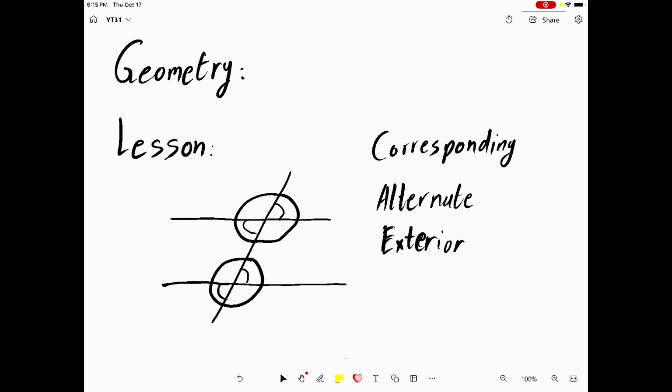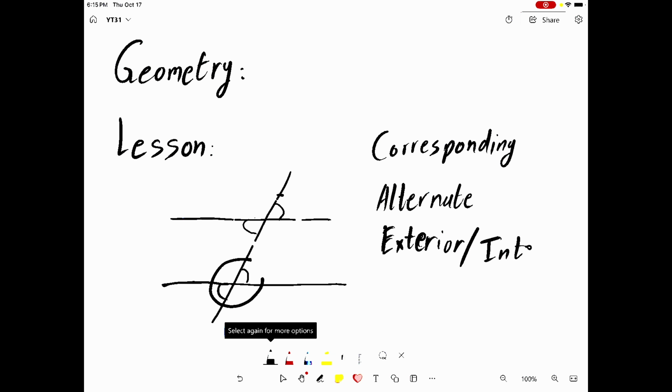Alright? Then, after that, alternate exterior / interior, both of those theorems. And I would also like to add a third theorem, although I think you guys probably should know this. But even if you don't, the opposite angle theorem.